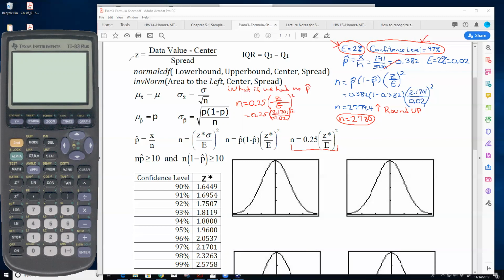So let's go ahead and calculate that. Let's hit the clear key. We'll do 0.25, a left parenthesis, and that left parenthesis is very important, 2.1701, and divide by the 0.02, right parenthesis, and then the squared.